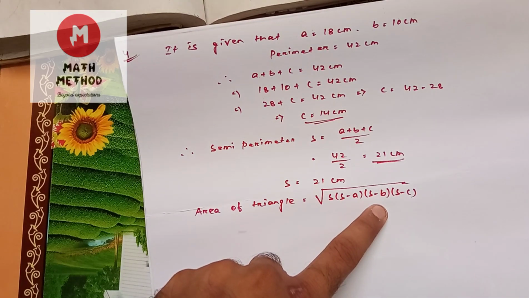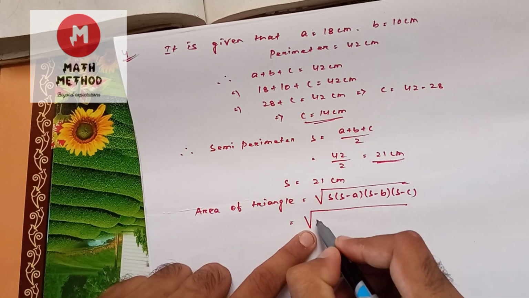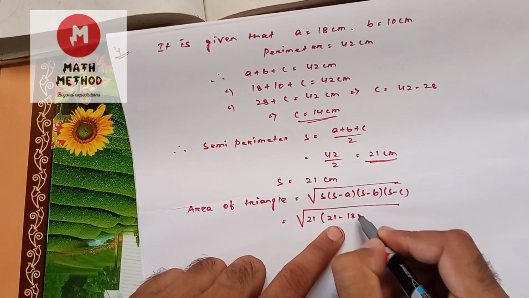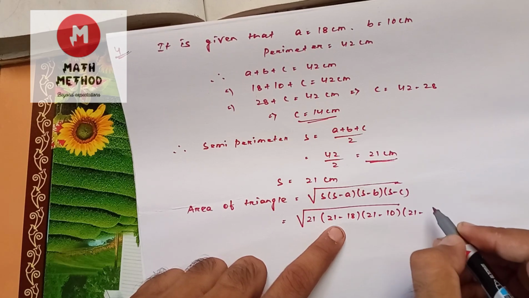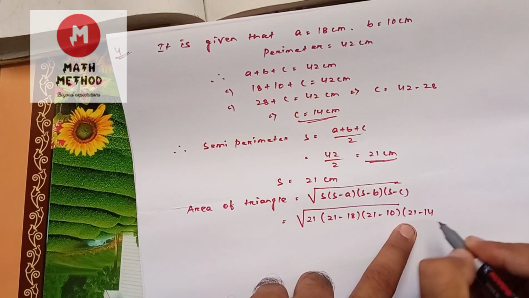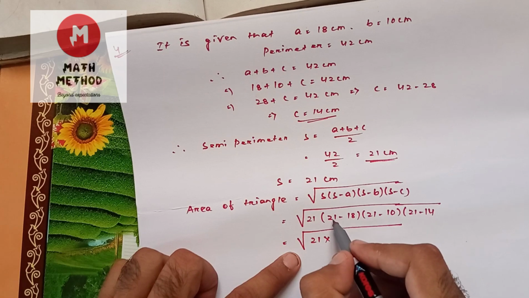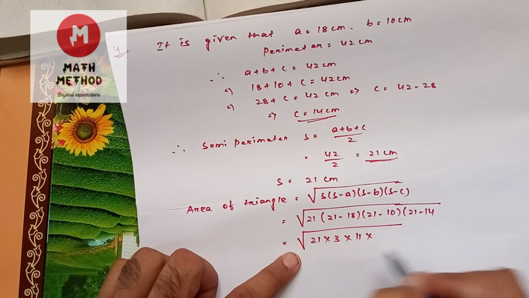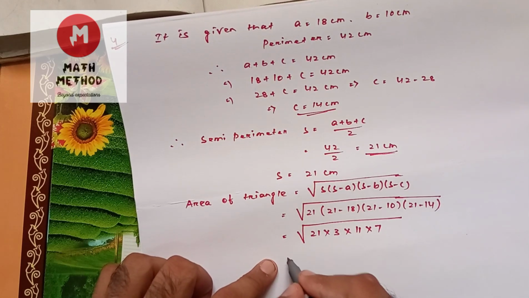Now here S is equal to our 21 cm, is equal to root over 21 into 21 minus 18 into 21 minus 10 into 21 minus 14 centimeters, is equal to root over 21 into 21 minus 18 3 into 21 minus 10 11 into 21 minus 14 7.